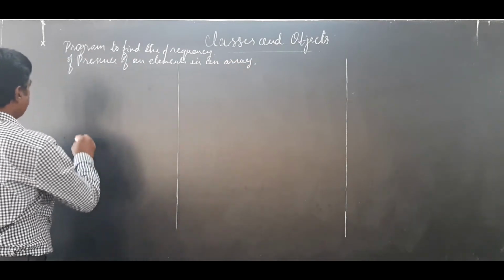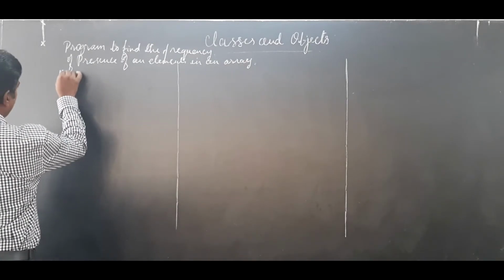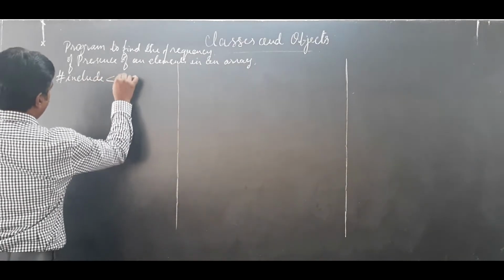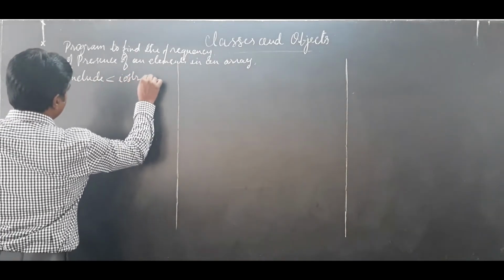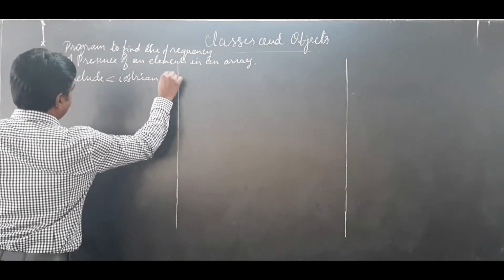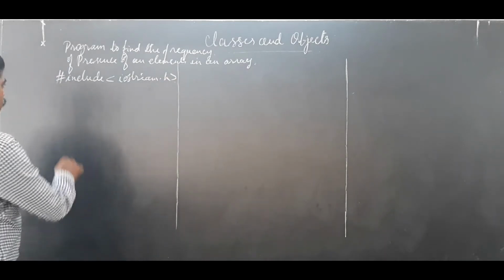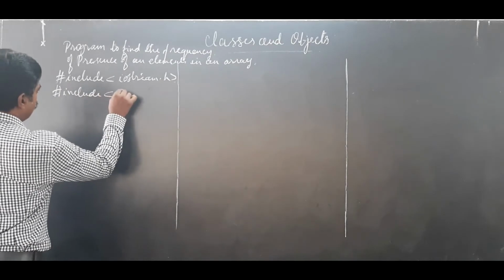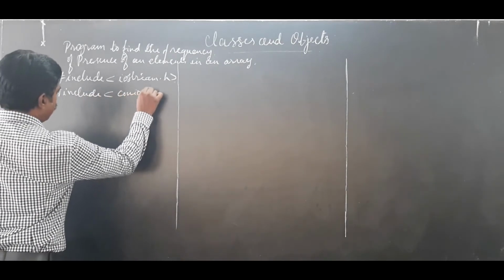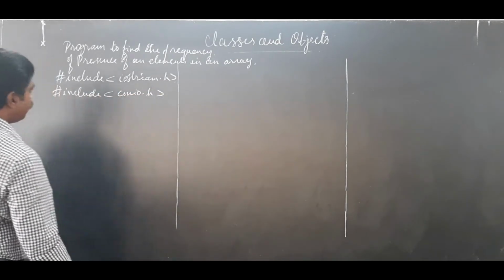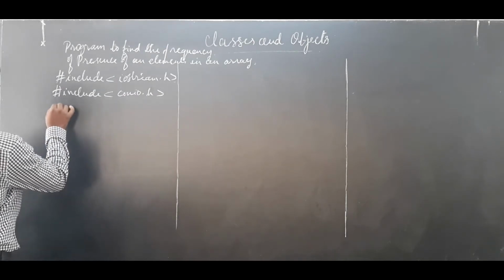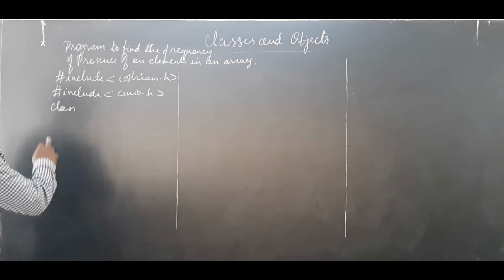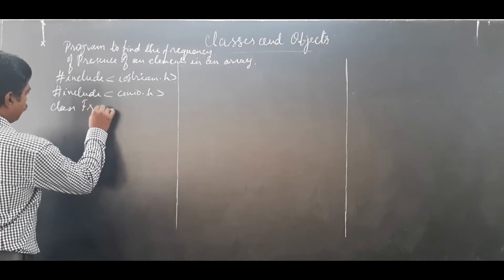So what we do is, we are going to construct the program. Hash include iostream dot h. Kindly cross check what you have written. Hash include conio dot h. Then we have class name here, taking the keyword class as well as the name of the class is frequency.